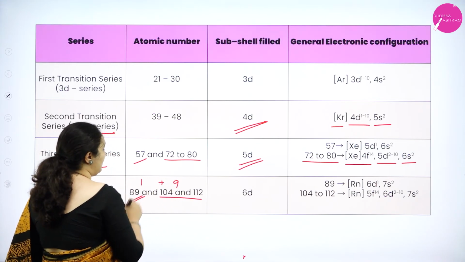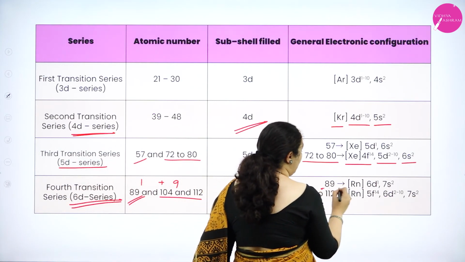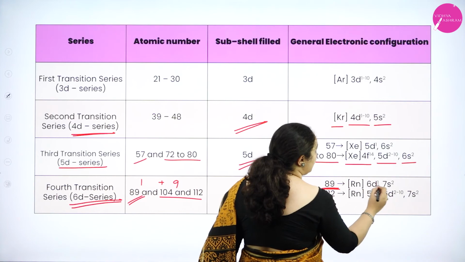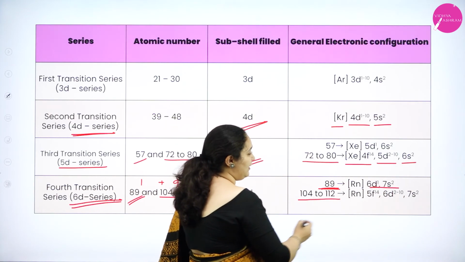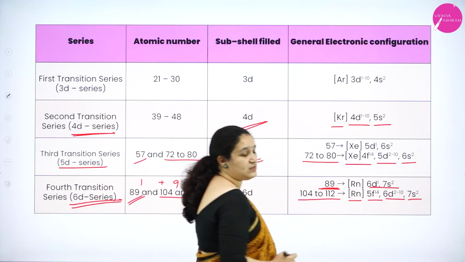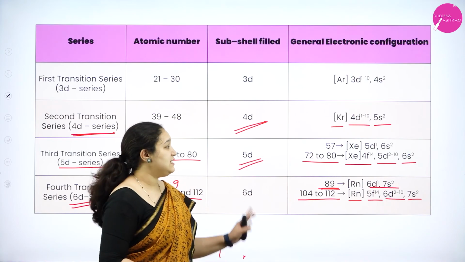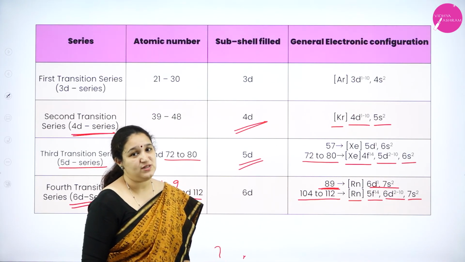So 9 plus 1, 10 elements, filling up the 6d series. For actinium, it is radon 6d1 7s2, and from 104 to 112 it is radon 5f14, 6d2 to 10 and 7s2. This is the general electronic configuration of all the 4 transition series.